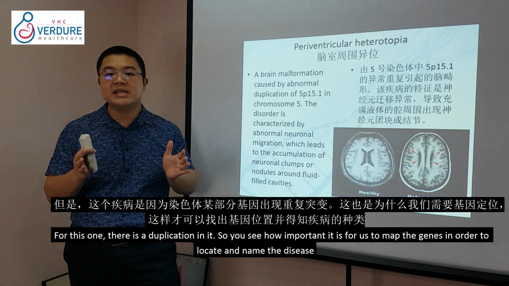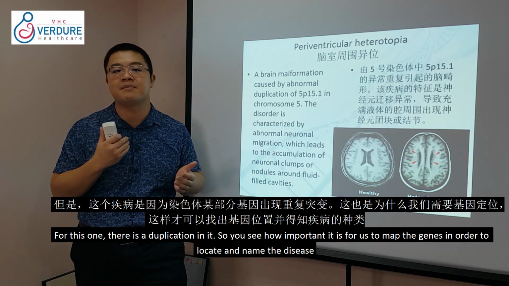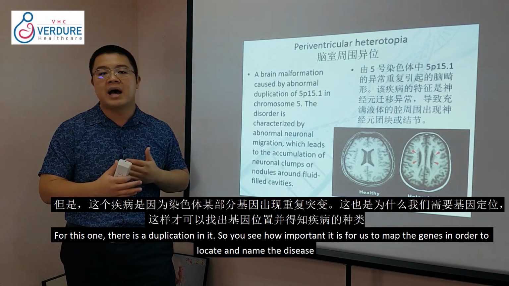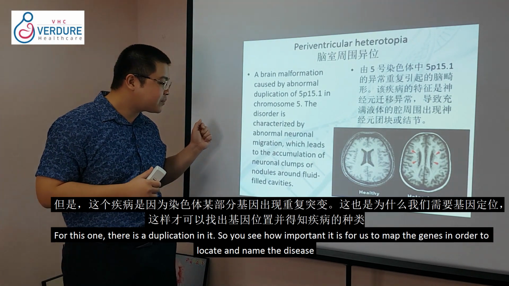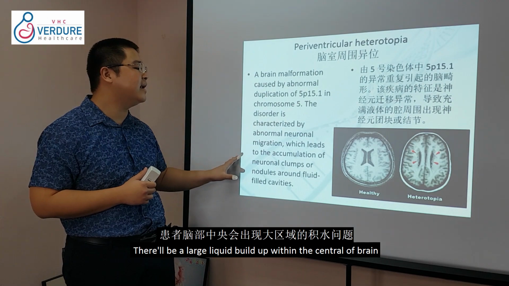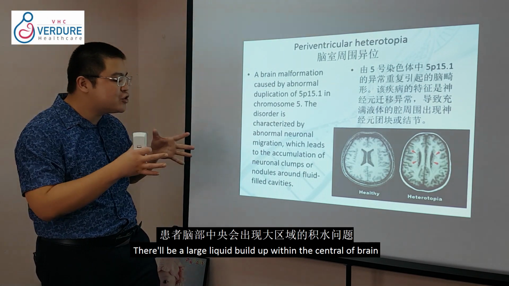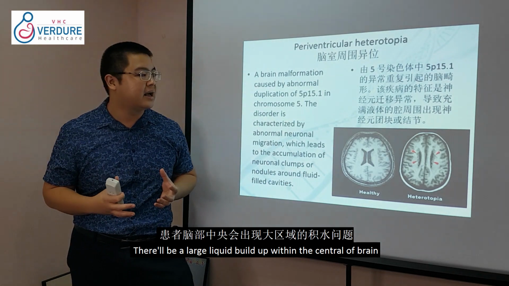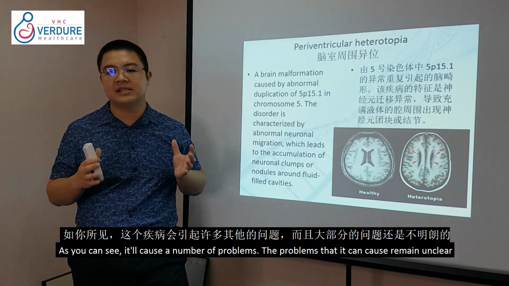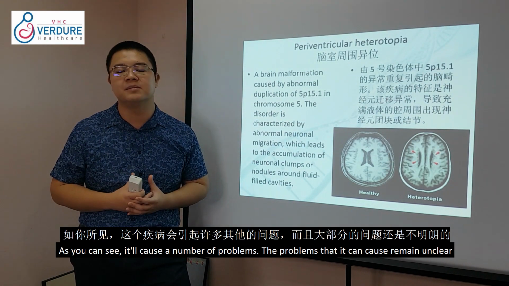Alright, so as you can see how important it is for us to map the genes in order to locate and also to name the disease. Right, so what happened is that there will be a large fluid built up within the central part of the brain. Okay, so as you can see, this is going to cause a number of problems.